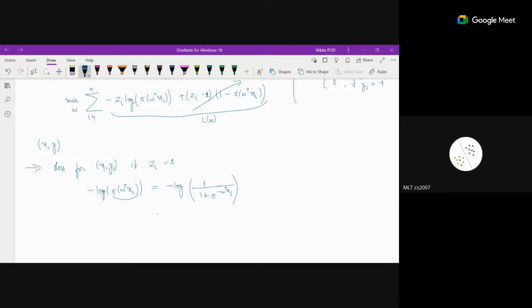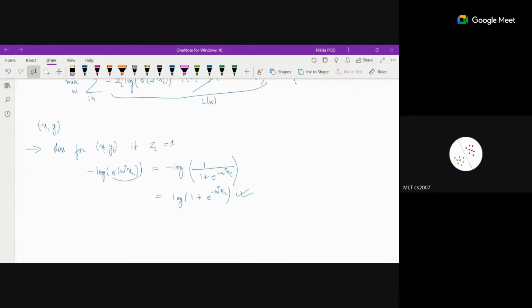And since log of 1 is 0, this is 0 minus log of 1 plus e to the power minus w transpose xi, which is just log of 1 plus e to the power minus w transpose xi.